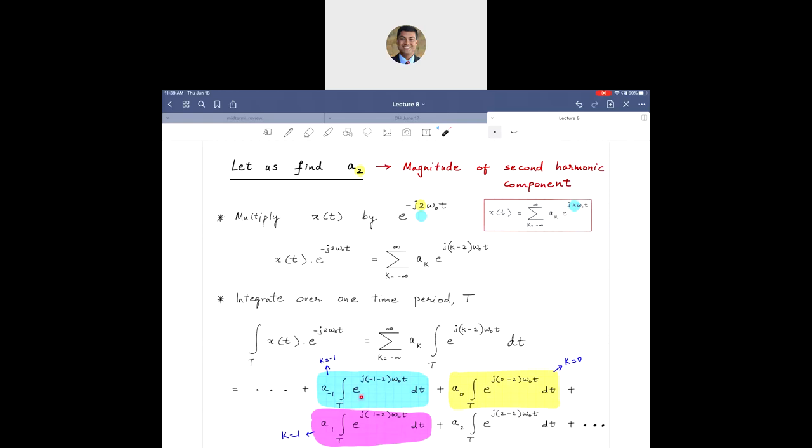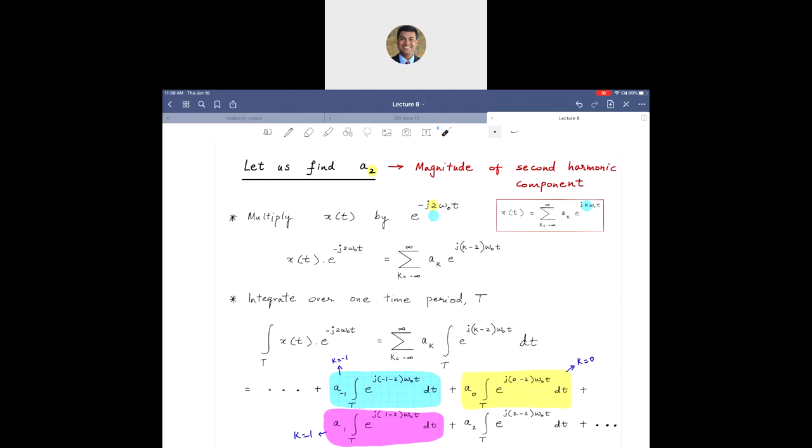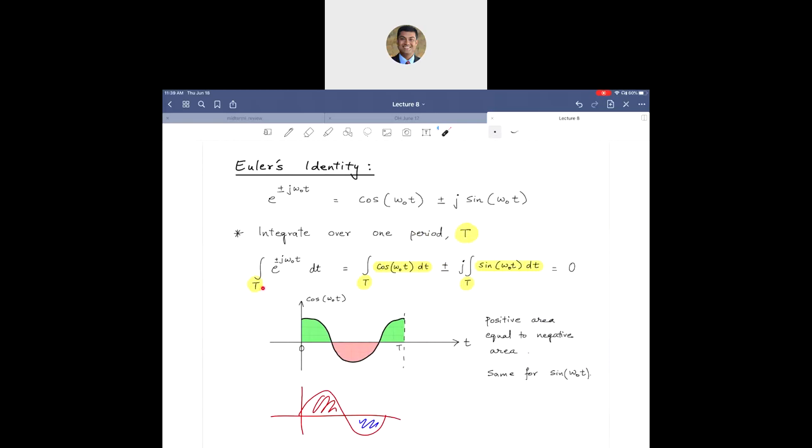The first term highlighted in blue is going to be, use this: integration over one time period e to the plus or minus j omega naught t dt is 0. So even if you have it multiplied by some m, where m is an integer, what do you have?